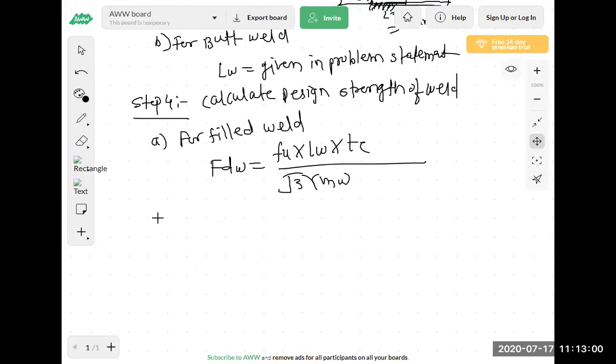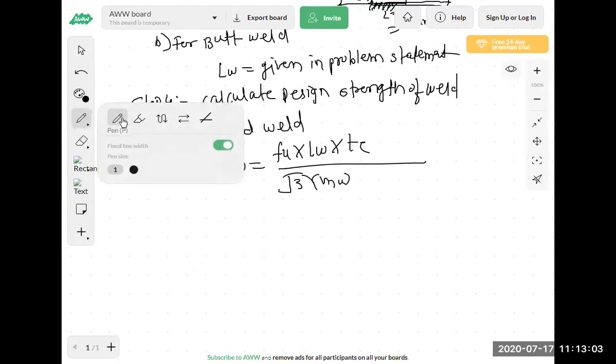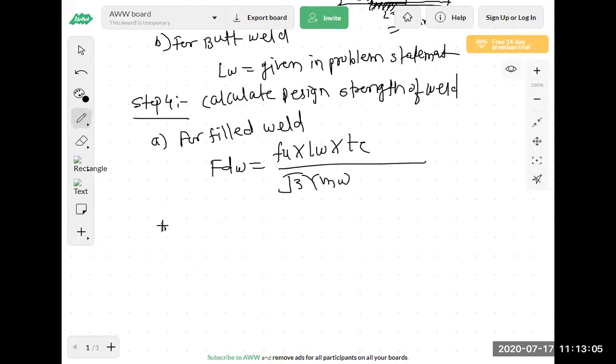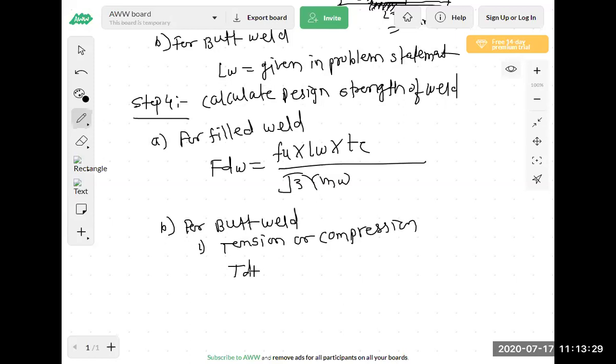And for butt weld, there are two formulas. Number 1, for tension or compression: Tdw is equal to Fy into Lw into Te divided by gamma Mw.